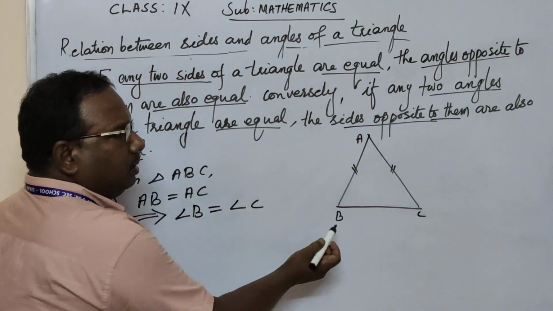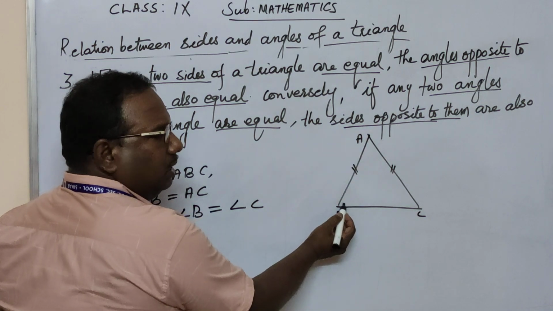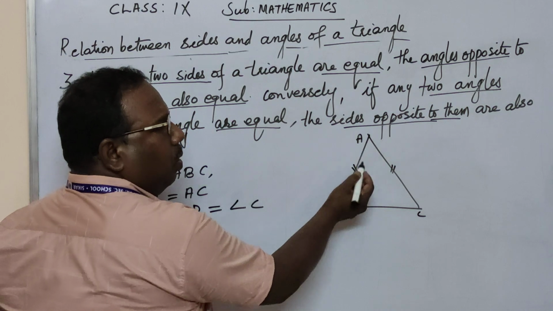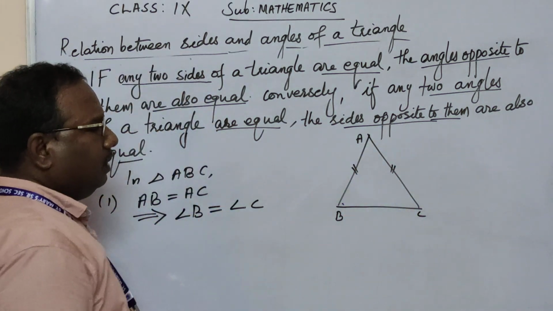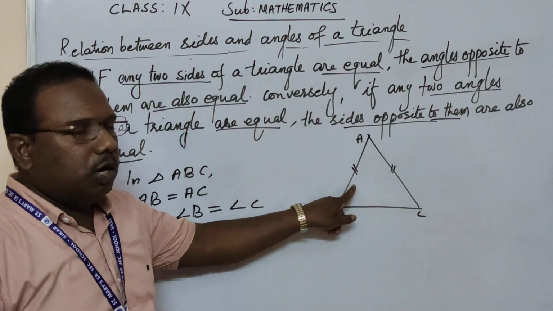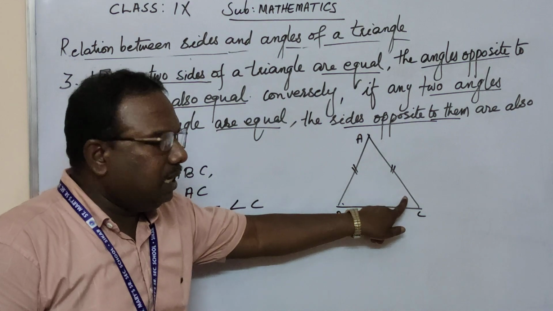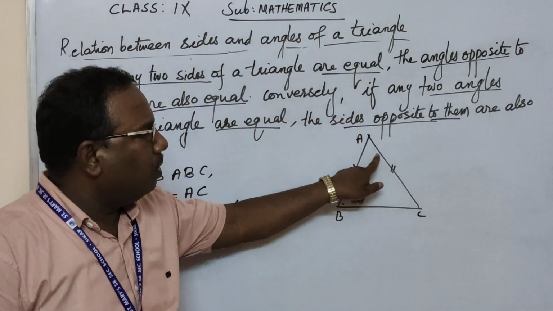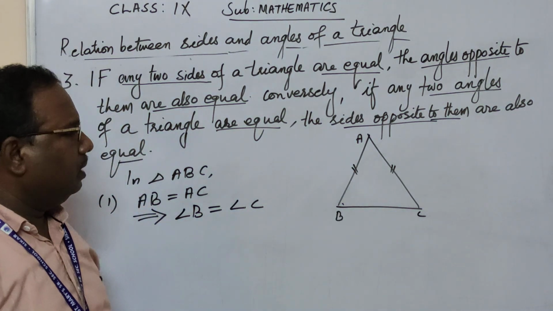Look at the board. Angle B is opposite to side AC. And angle C is opposite to side AB.